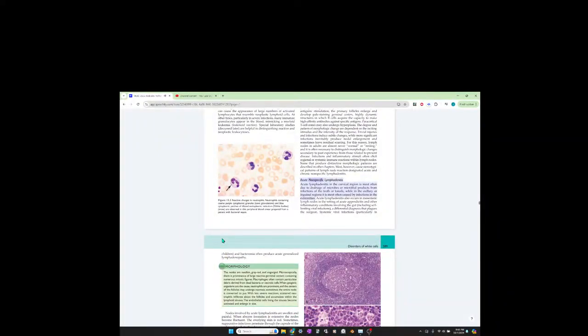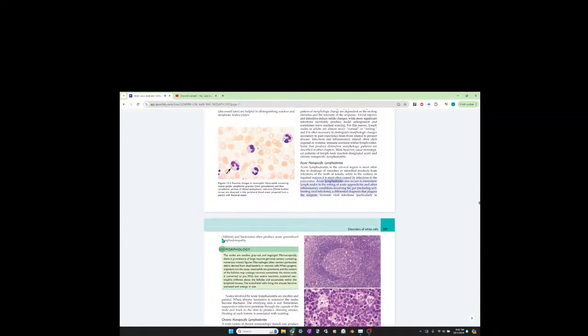Acute nonspecific lymphadenitis. Acute lymphadenitis in the cervical region is most often due to drainage of microbes or microbial products from infections of the teeth or tonsils, while in the axillary or inguinal regions, it is most often caused by infections in the extremities.